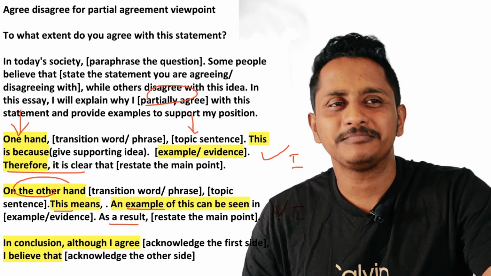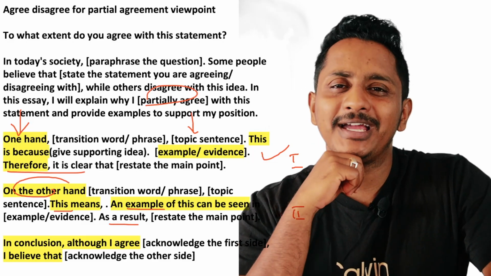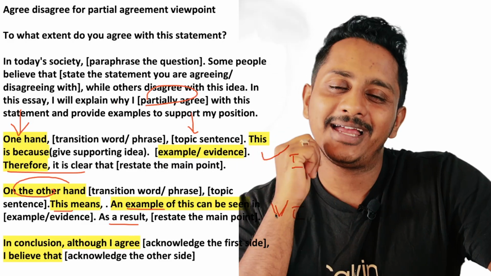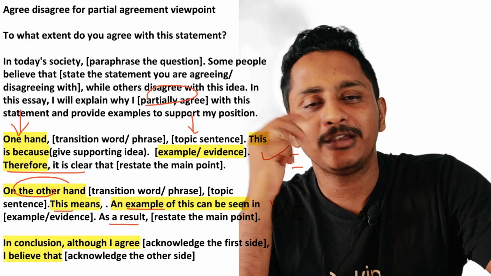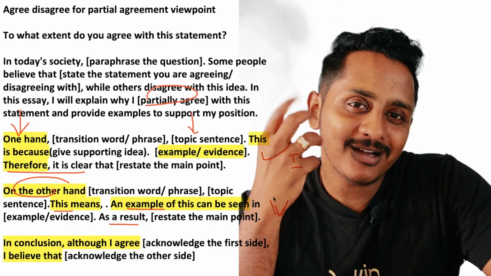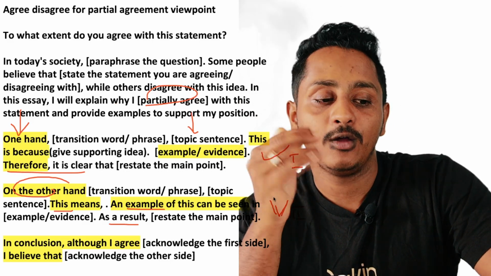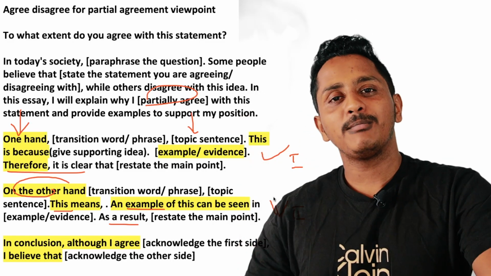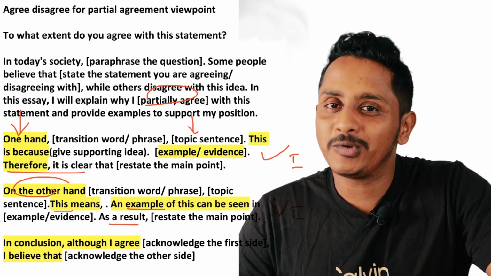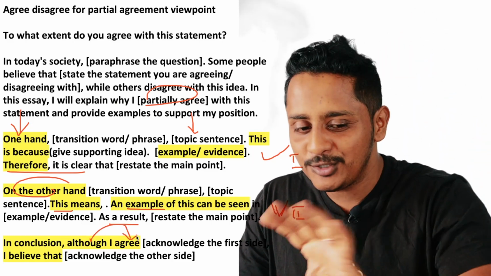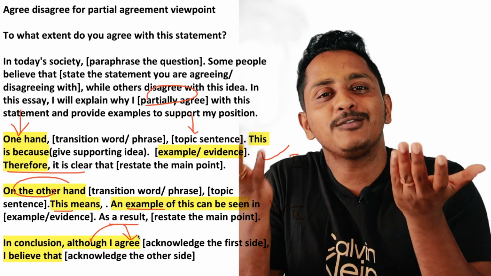For the same question, doing an enjoyable activity with the kid is far better than another activity called reading. Enjoyable activity is very important because the kid can learn by enjoying things, it will not have the pressure, blah blah blah. On the other hand, reading is also better for the overall development, blah blah blah, hence both are equally important. In conclusion, although I agree, conclusion will be changed because you have to give equal weightage for both.